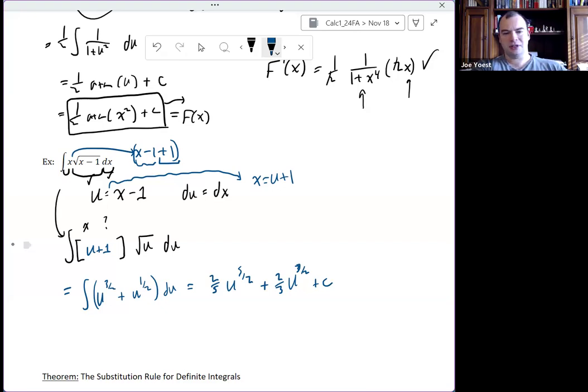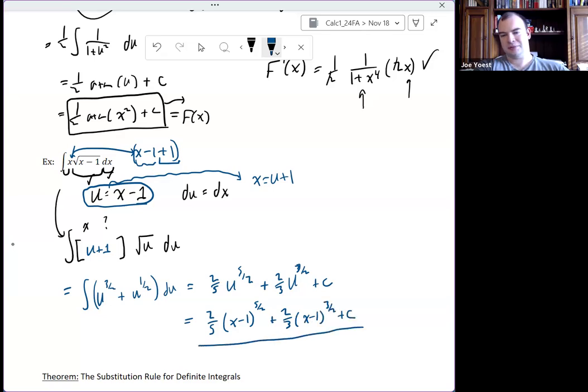And again, it's good form to put my answer back in the variable that it was originally asked in, the variable x. So I'm going to write this as 2/5 (x minus 1) to the 5/2 plus 2/3 (x minus 1) to the 3/2 plus c.